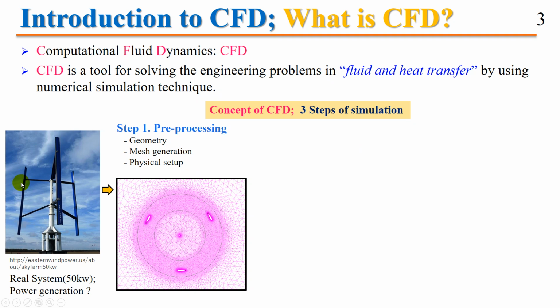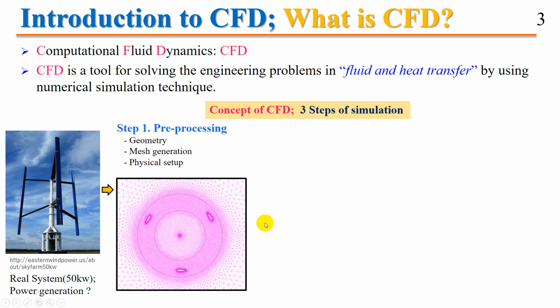In this case, if the span width of the turbine blade is long enough, the flow behavior at the middle of the cross-sectional area of the turbine blade looks like two-dimensional flow, right?